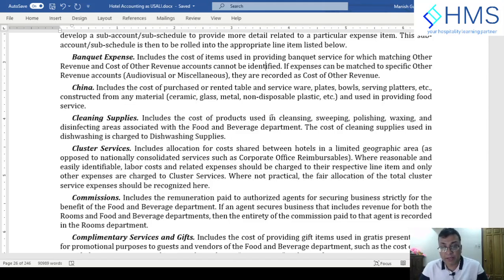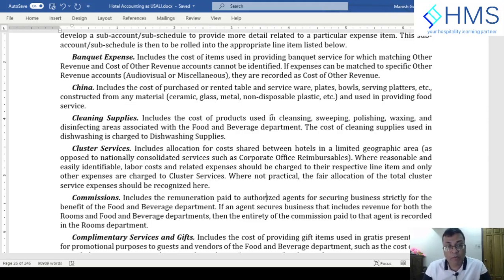But when you are paying a commission on rooms and F&B together, usually the majority part of the commission is for the rooms, the room income, so the cost will be allocated to the room department, not to the F&B department.